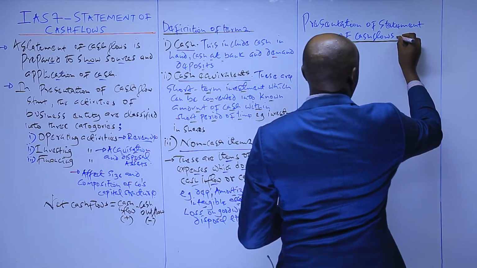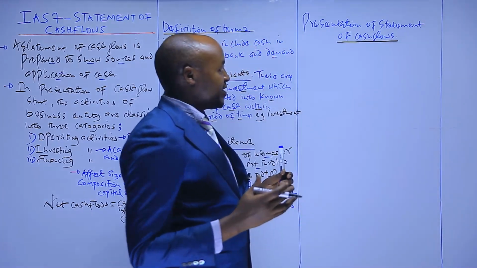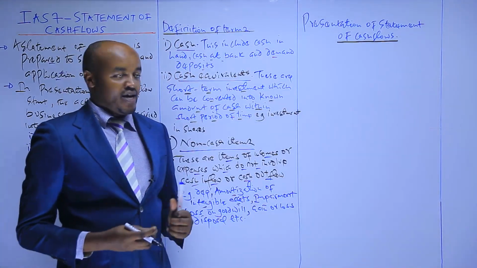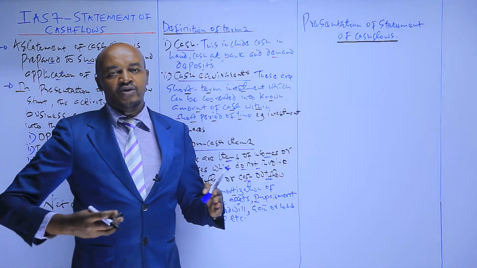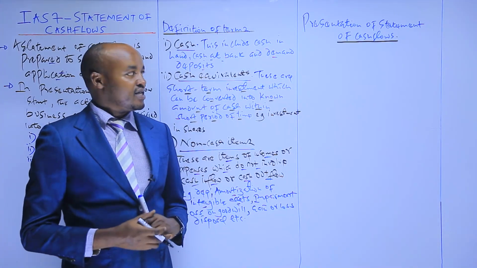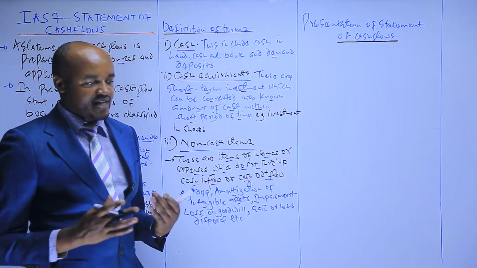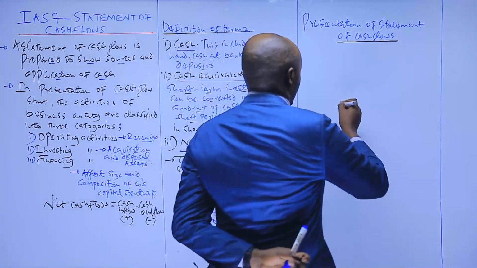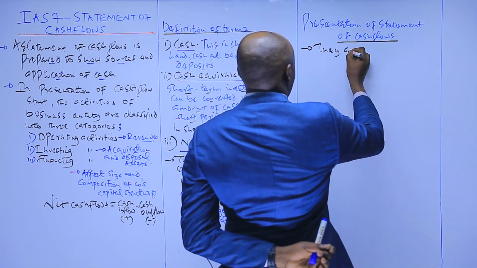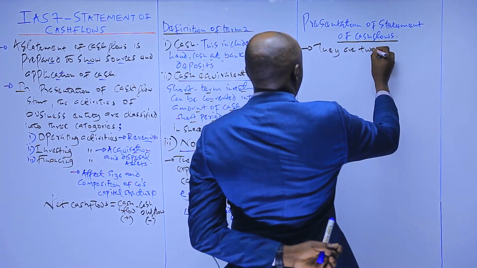How is a statement of cash flows prepared? I mentioned earlier that we have two methods used in preparing or presenting the statement of cash flows, that is the direct and indirect method. So there are two methods.